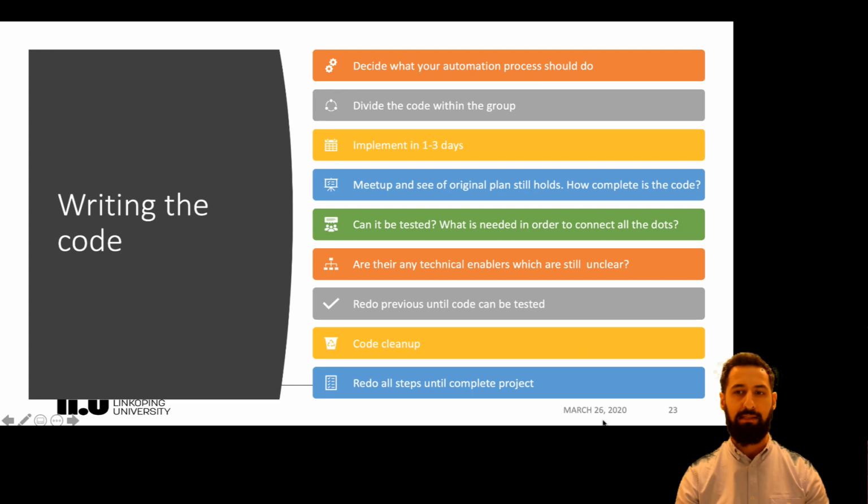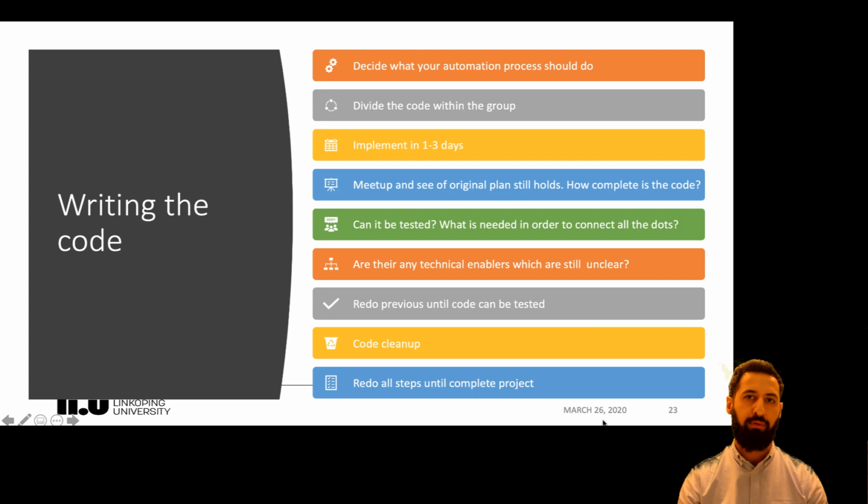How complete is the code? Can it be tested? What is needed in order to connect all the dots? Are there any technical enablers which are still unclear? Redo previous until code can be tested. Code cleanup, redo all steps until complete project.